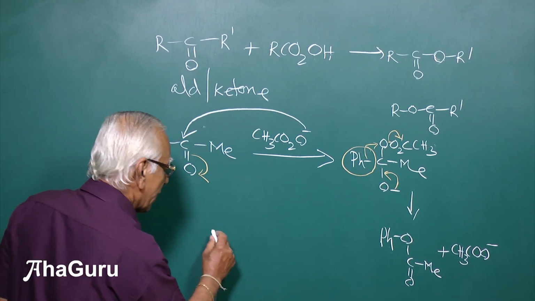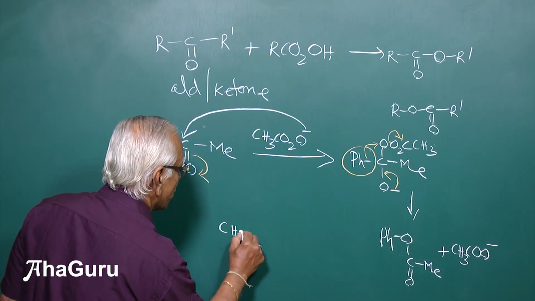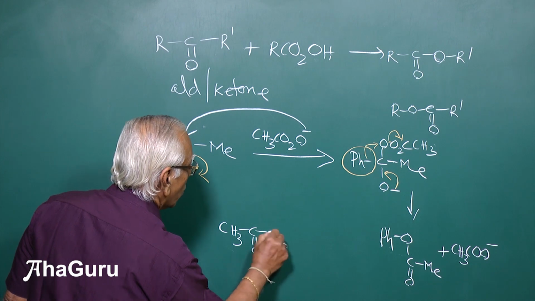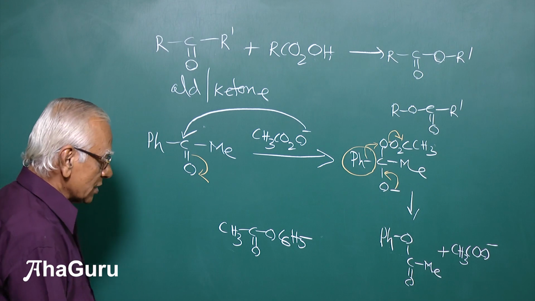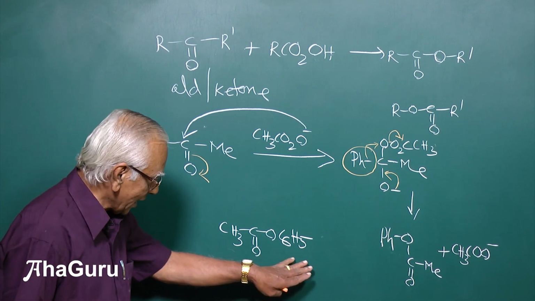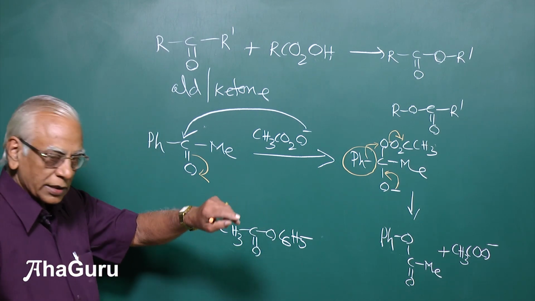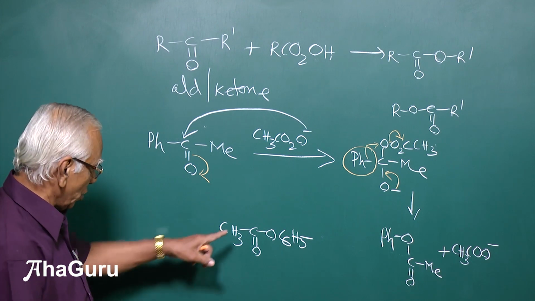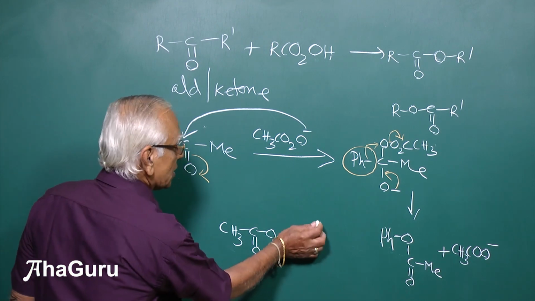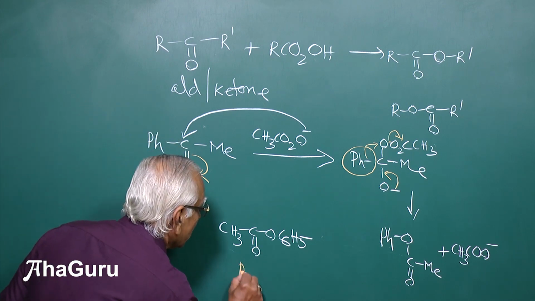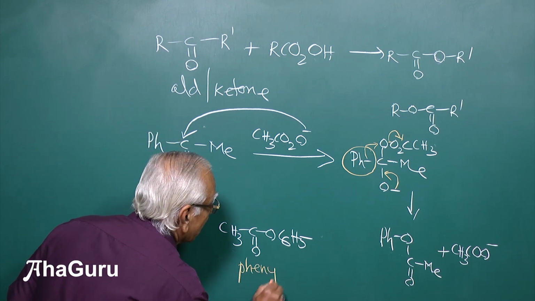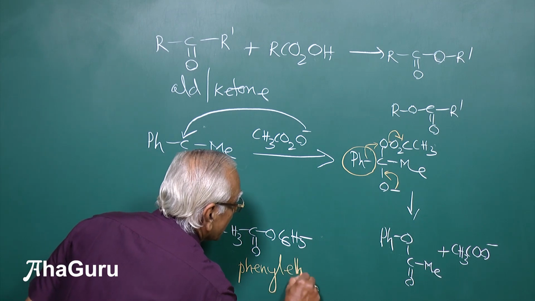And what is this product? This product is nothing but CH3COOC6H5. And my dear students, in most examinations, they don't give you the structure, they give you the IUPAC name. So, you should know the IUPAC name of the compound. This is ethanoate, and this is phenyl ethanoate. So, the name of this compound can be called phenyl ethanoate.